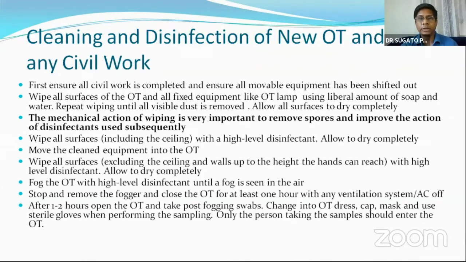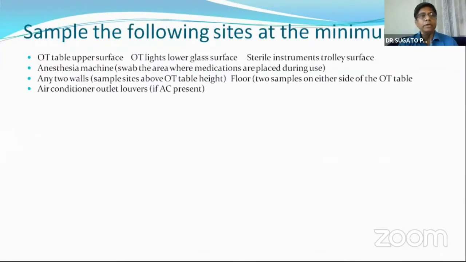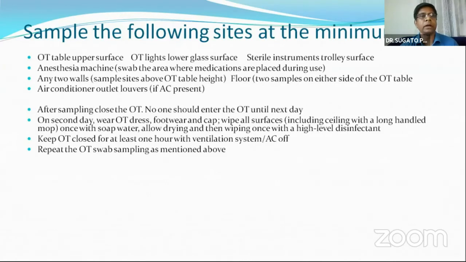The person taking the swab should be in OT dress, cap and mask, and use sterile gloves when performing the sampling. Only the person taking the sample should enter the OT. Swab samples should be taken from the OT table upper surface, OT table lower surface, the floor, the wall, the air conditioning, and the air maintainer. After the sampling, the OT should be closed till the next day.